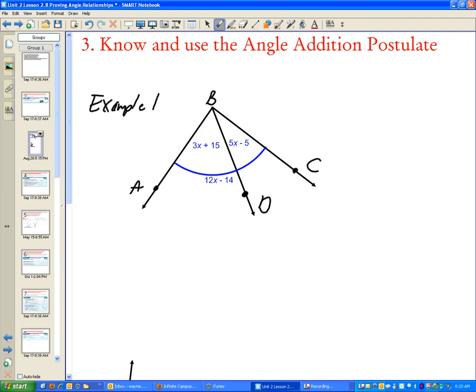Okay? So we take the measure of angle ABD, 3x plus 15, add to it the measure of angle CBD, 5x minus 5, and the sum must equal the measure of angle ABC, 12x minus 14.